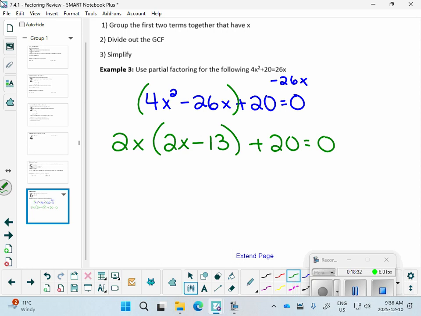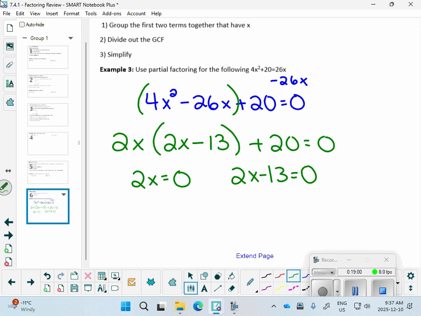We're going to pretend that the 20 isn't there, and we're going to solve these brackets. So I'm going to go 2x equals 0, 2x minus 13 equals 0. And we're going to solve those. Pardon? For this? Well, because we pulled out an x, yes.